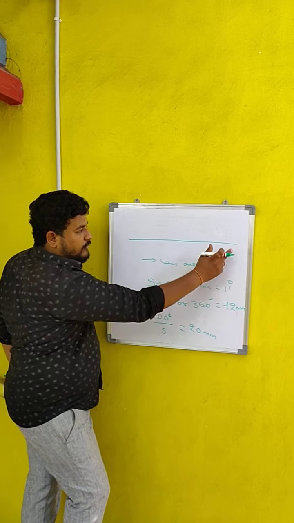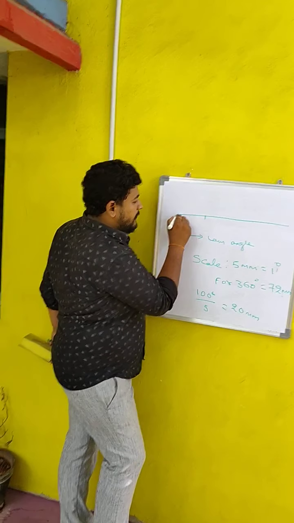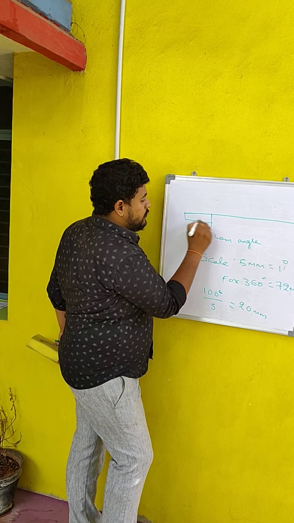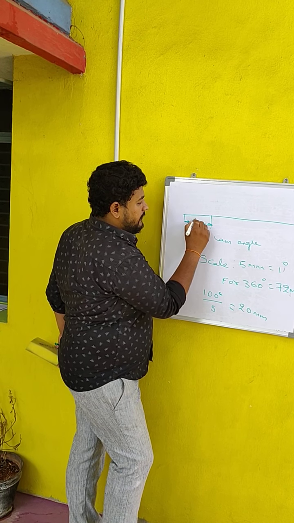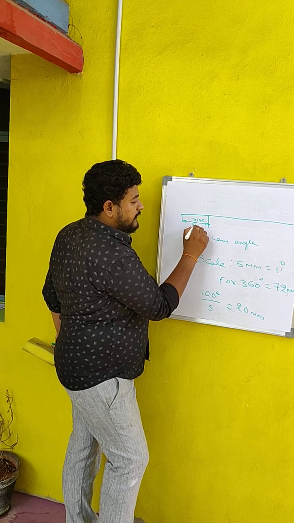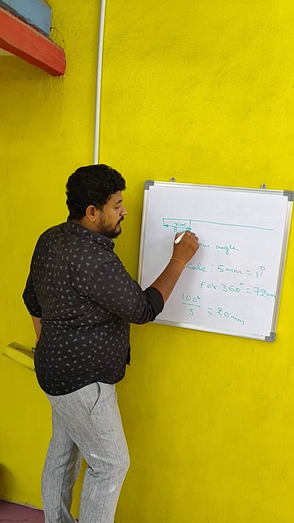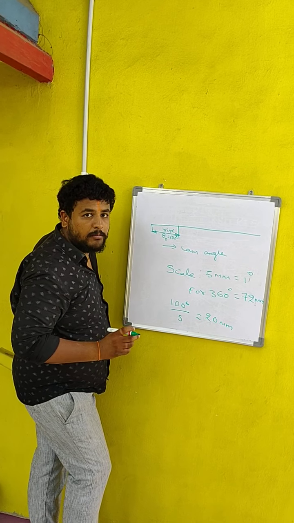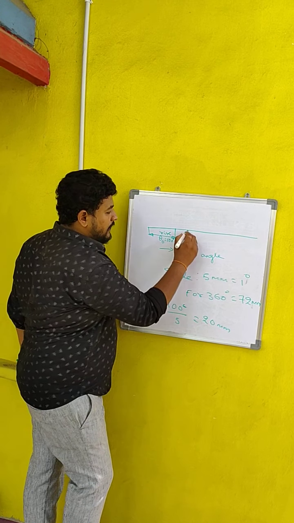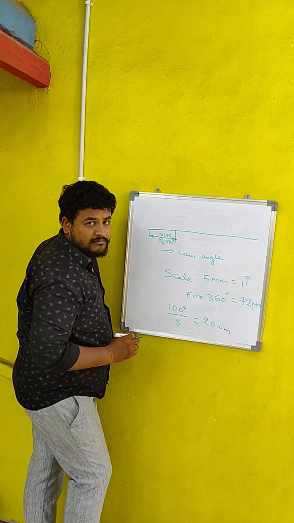That means the first 20 mm of this 72 mm represents the outstroke, the rise period. This theta naught equals 100 degrees. In the outstroke we take theta as theta naught.